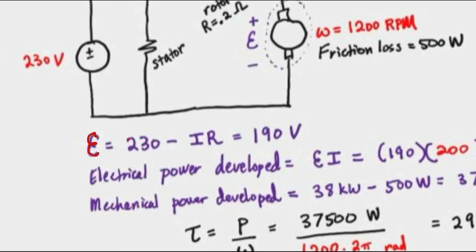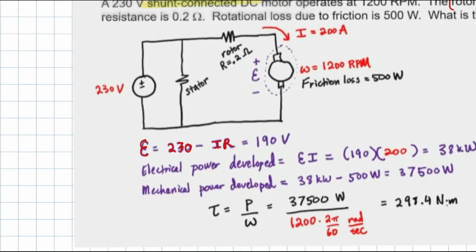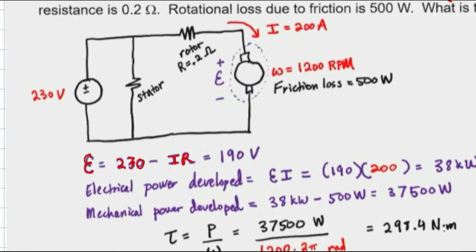EMF equals 230 minus IR. What is IR? IR equals 200 times 0.2, which gives 40 volt. So 230 minus 40 gives 190 volt.